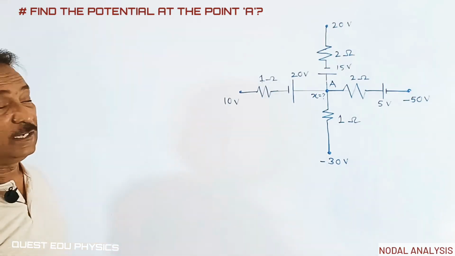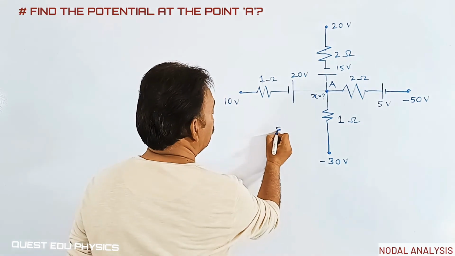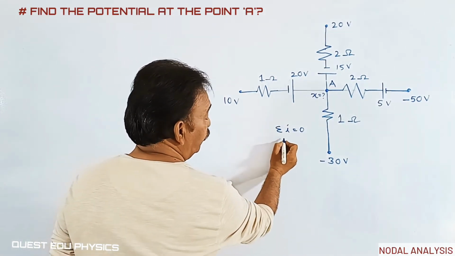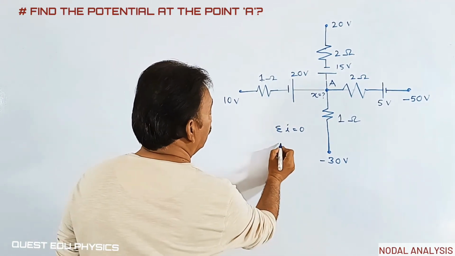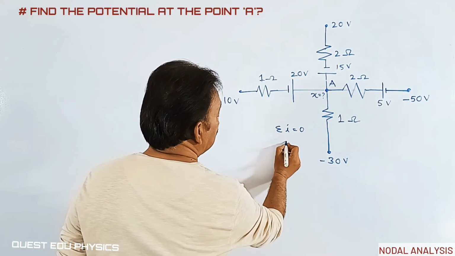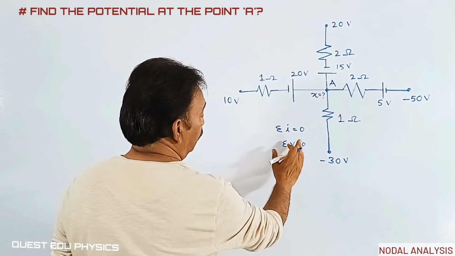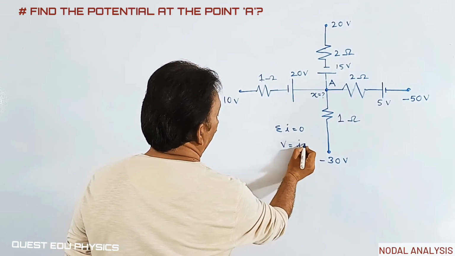We have to use the Kirchhoff junction law here. As you have learned, according to the Kirchhoff junction law, sigma I is equal to 0. We are using this, and also we are using Ohm's law. According to that, sigma V is equal to 0 or V is equal to IR.